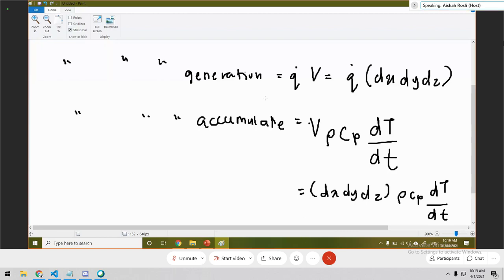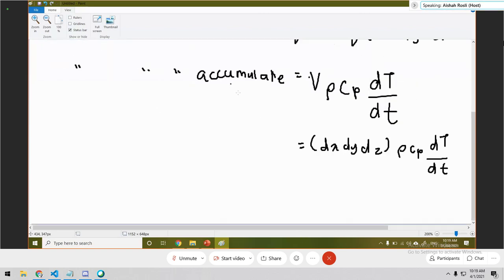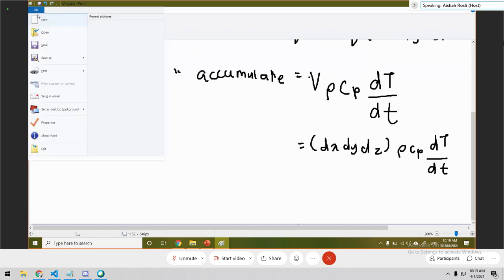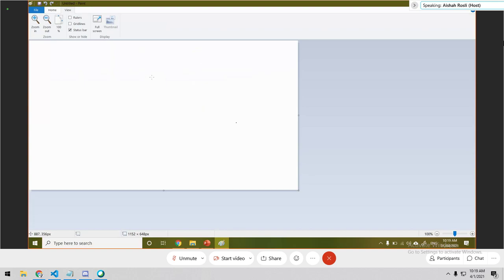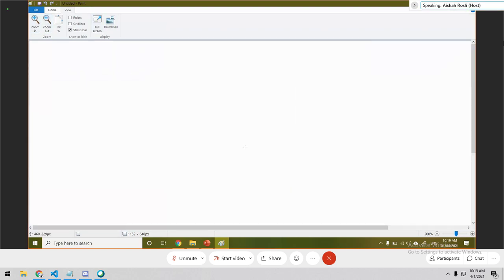Since we already have all these, we can simply plug them into the heat balance equation.